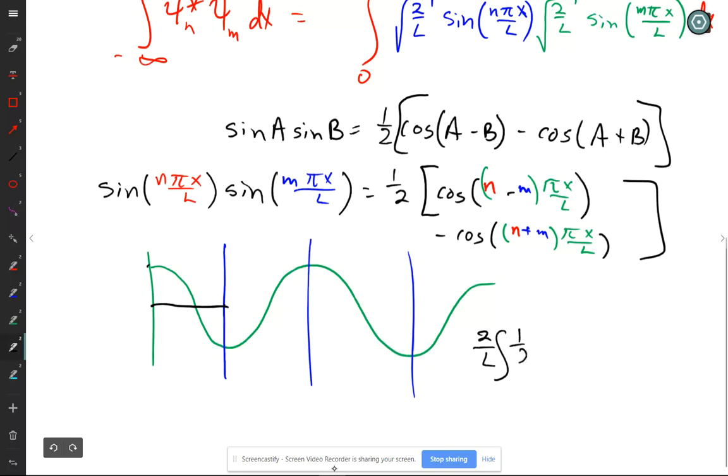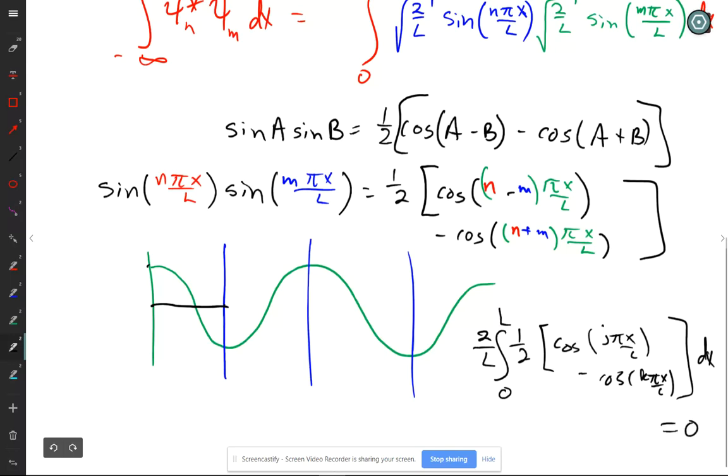And then I had 1/2 cosine, and I will do like I said, j pi x over L minus cosine of k pi x over L dx from 0 to L is going to equal 0. And like I said, you can go ahead and put in the limits, but it's equal to 0.